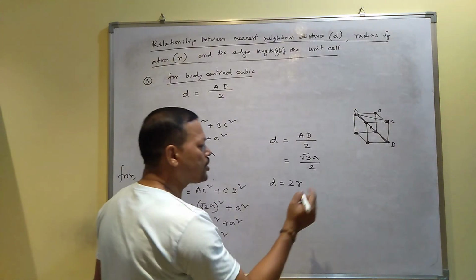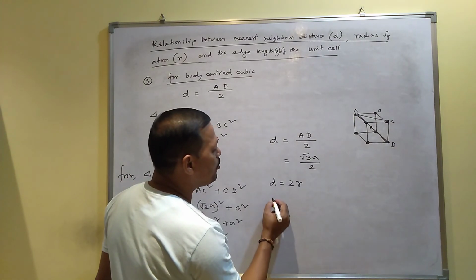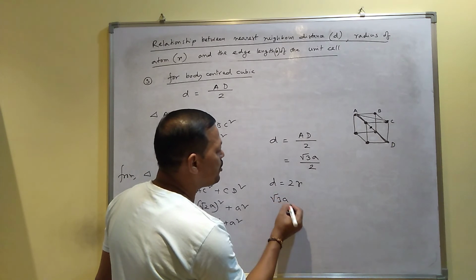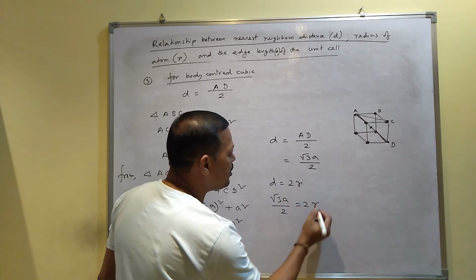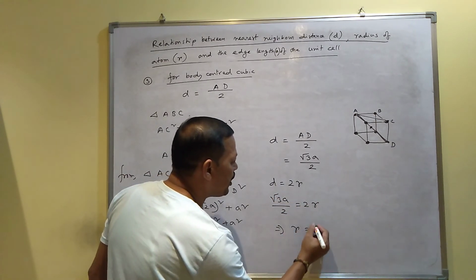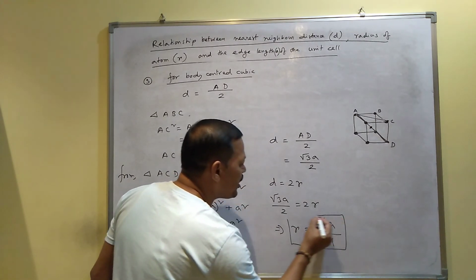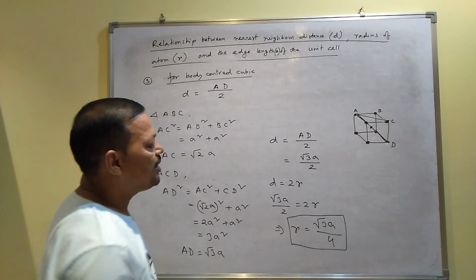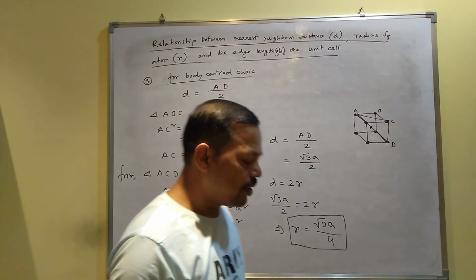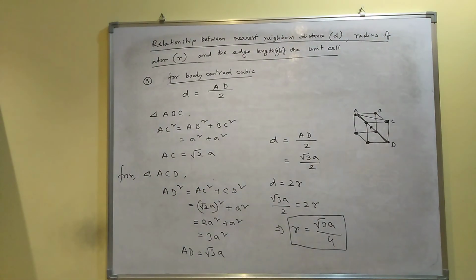So D is always twice R, and D is root 3 A by 2. This is equal to twice R, or you can write R is equal to root 3 A by 4. So this is the relation between the radius and the edge length for the body centered unit cell. This relation you have to learn and use in numericals. Thank you.